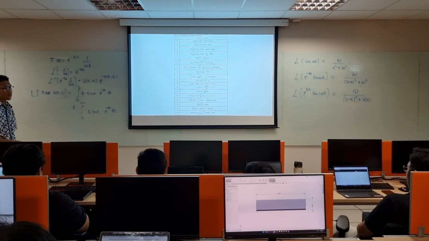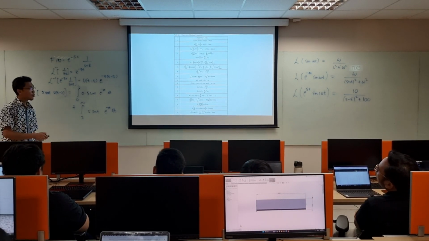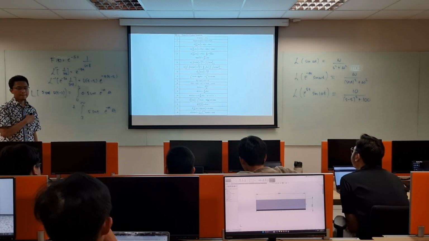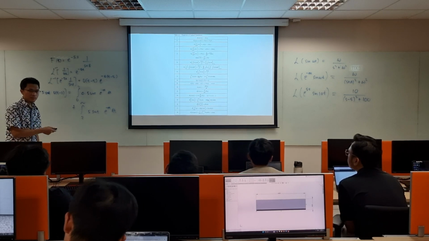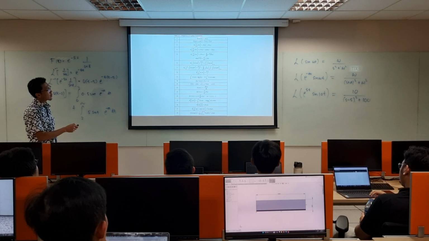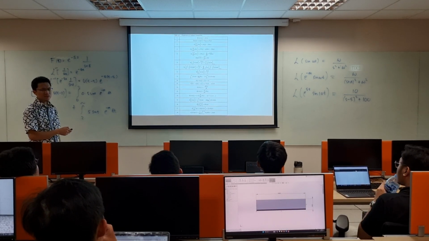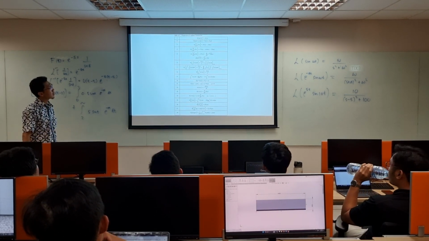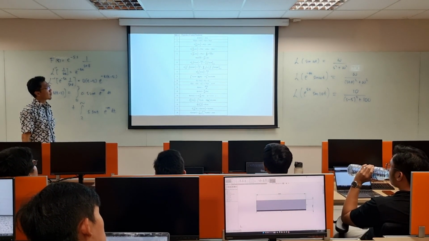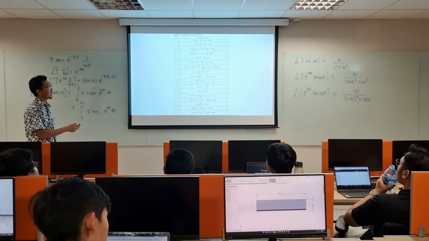And so all of those properties that you have are actually these properties. This is a more complete property list. The first one, what property is this? Linearity. Both of them are linearity actually.